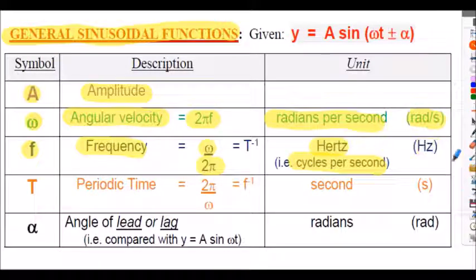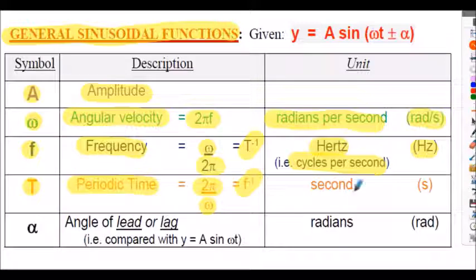Short form is Hz. Capital T is periodic time. That's defined as the time it takes to do one revolution or one oscillation of the waveform, and that's defined as 2 pi divided by the angular frequency, or omega. Notice that the frequency is the reciprocal of periodic time, and the periodic time is the reciprocal of frequency.